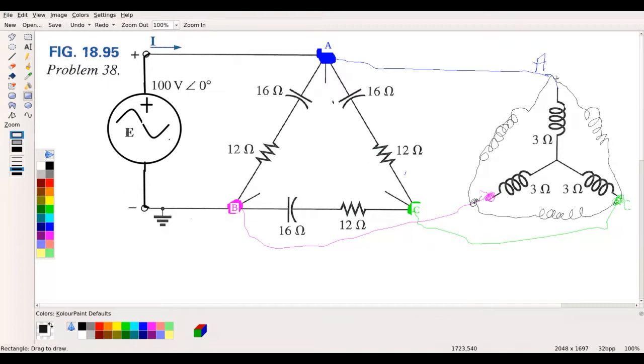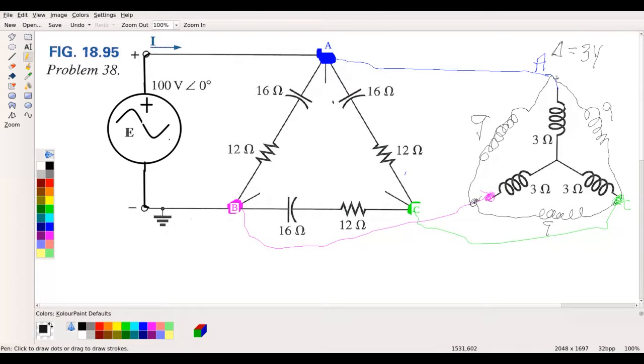Now this is a balanced Y, and when we want to go from a Y to a delta, we need to basically triple the values. So this is 3, so this is going to be a 9, and a 9 ohm.